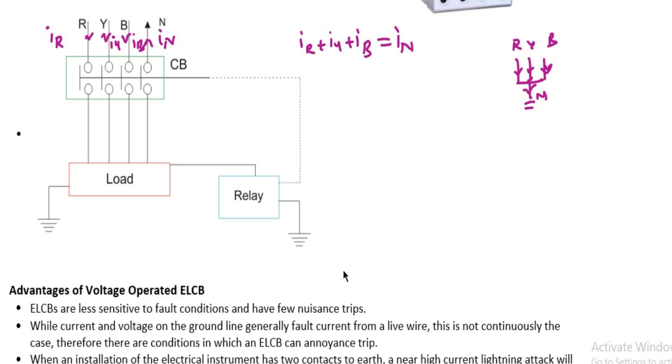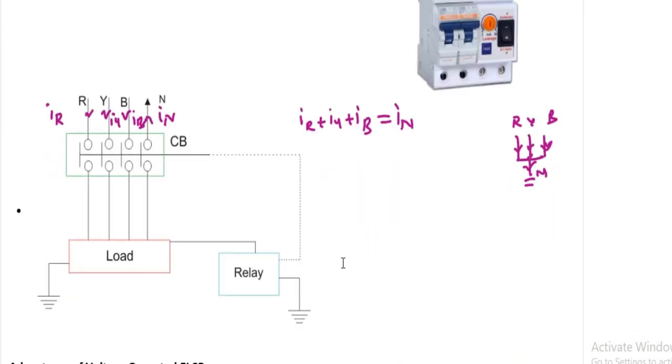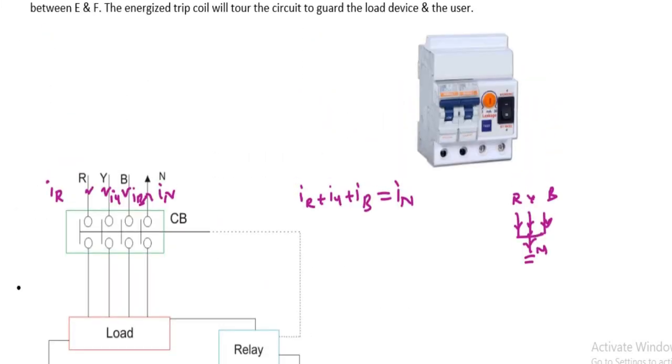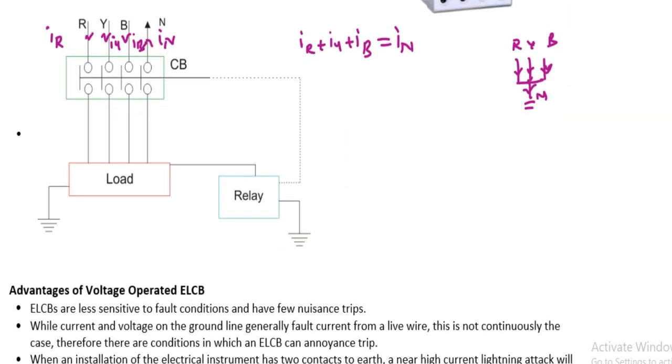Now the voltage operated ELCB will detect a voltage. Here you can see the physical box for ELCB. Here I am going to connect this RYB supply to the load, and this is the circuit breaker. Actually this is ELCB.